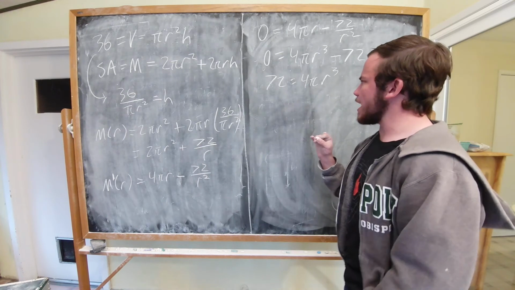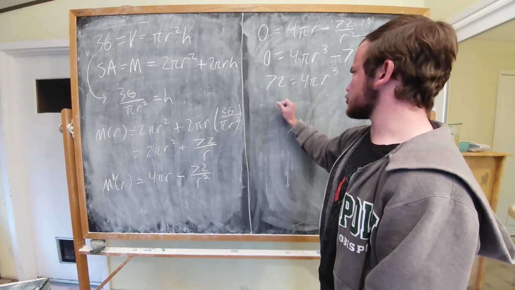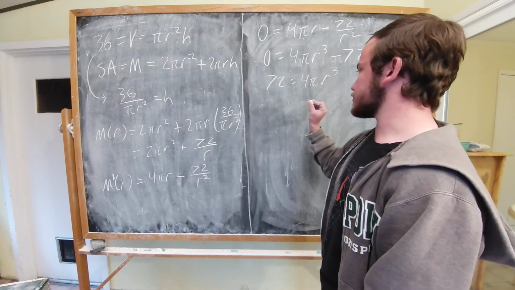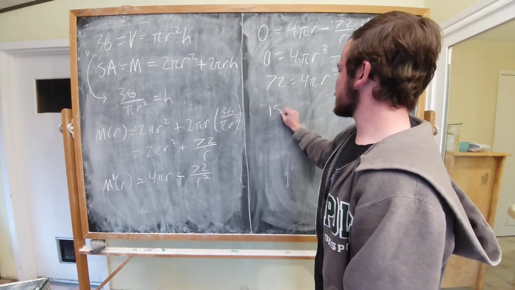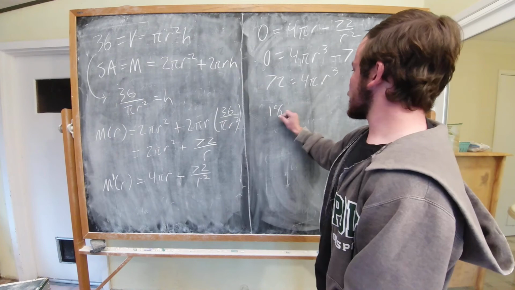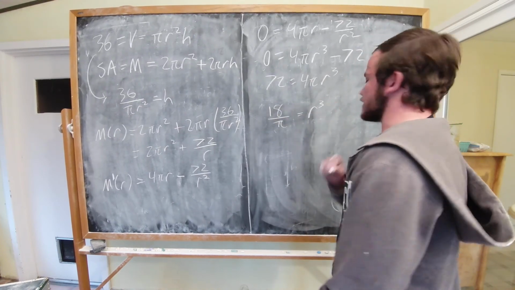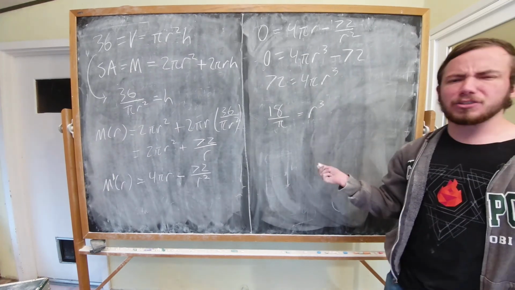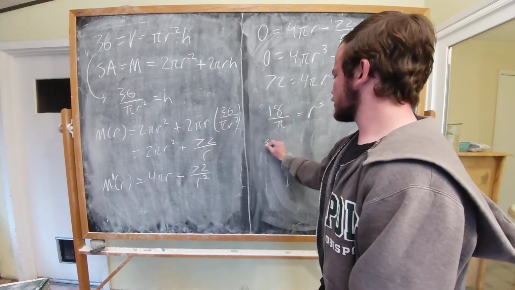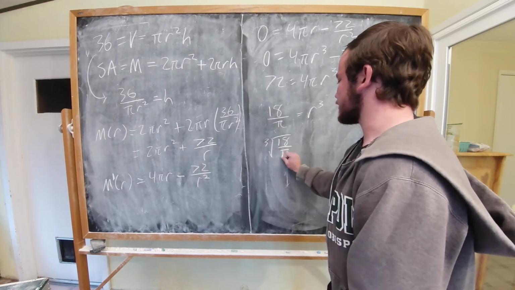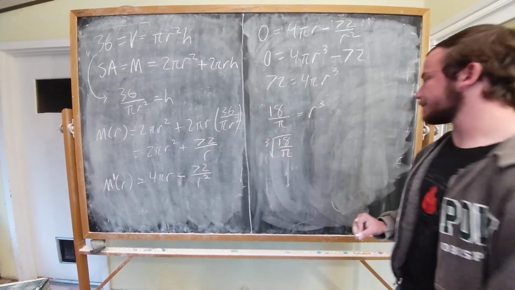72 divided by 4 is equal to, let me think about that for just a second, 18. Divided by pi is r cubed. So now r will just be the cube root of 18 divided by pi.